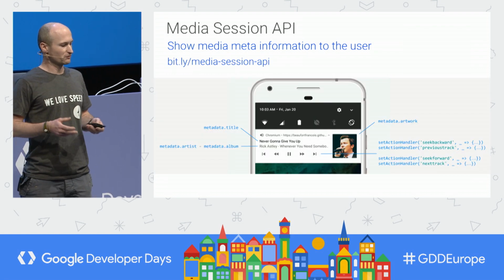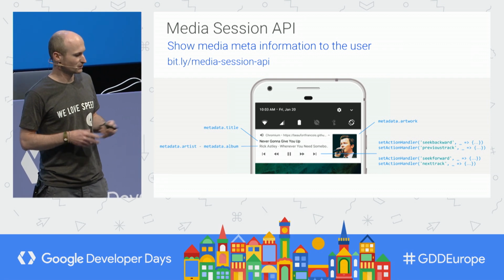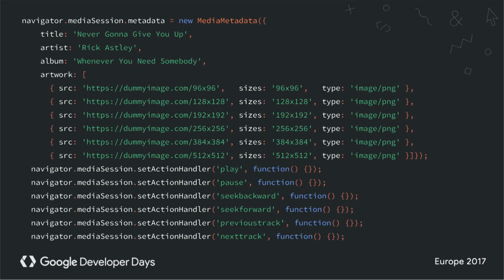So let me show you as well how this works, and first, what kind of metadata you can control. So in the screenshot here, you can see there's a title, there's an artist, there's an album, there's artwork, and then you have the different action handlers that you can set. So seek backward, previous track, and so on. So a lot of things possible. And this block of code might first look pretty intimidating, but actually it's just two big things.